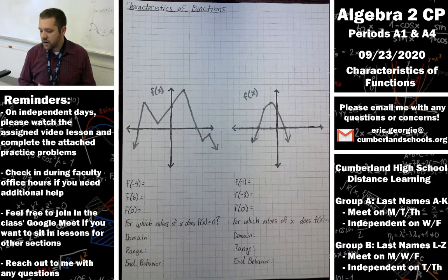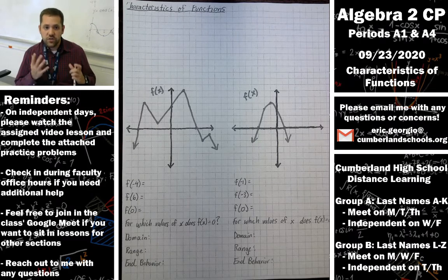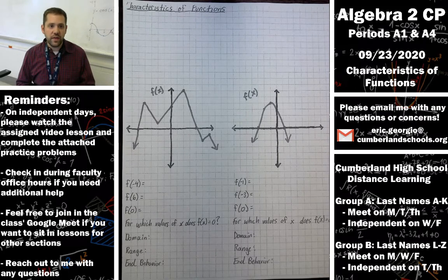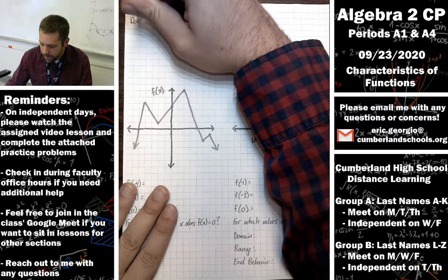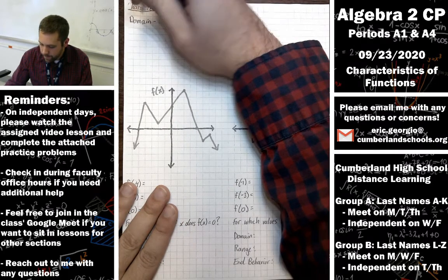So characteristics of functions. Again, characteristics of functions are pieces of information that you should be able to extract from a function just by looking at the graph. Okay? We've done 2 of them already. Characteristics of functions that we've done. We've done domain. Right?